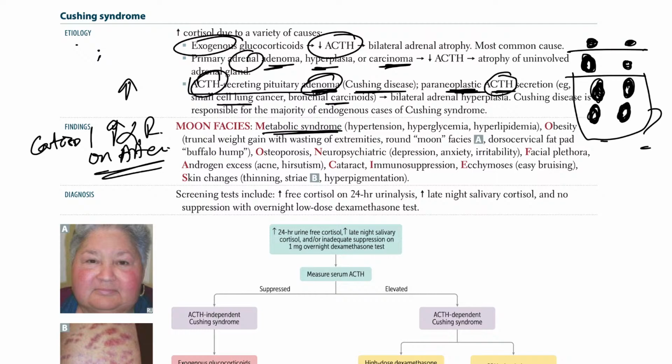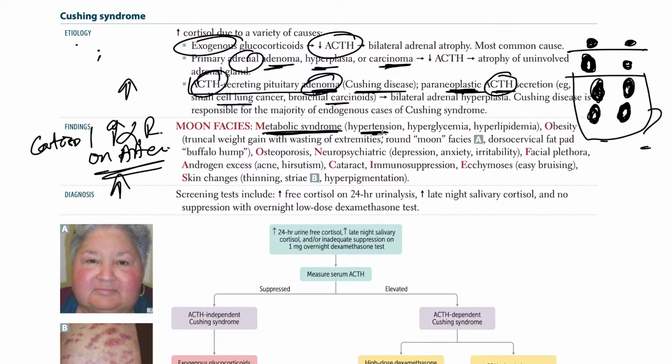So when you increase the alpha-1 receptors on arterioles, your norepinephrine and epinephrine would have increased effect on these receptors, right? Causing vasoconstriction, leading to hypertension.